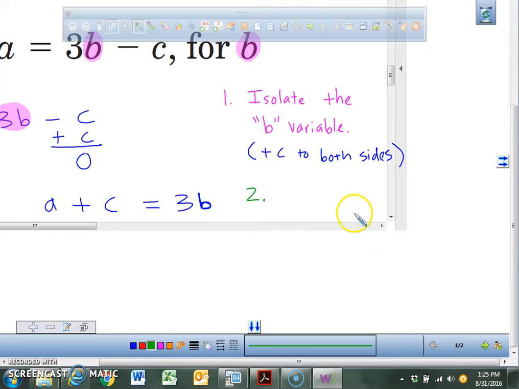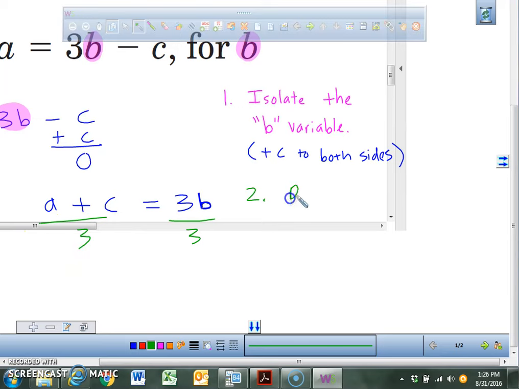Step 2. Anybody here want to guess what we're going to do on step 2? We're going to solve for it by dividing both sides by 3.